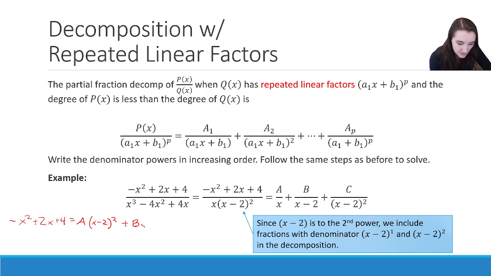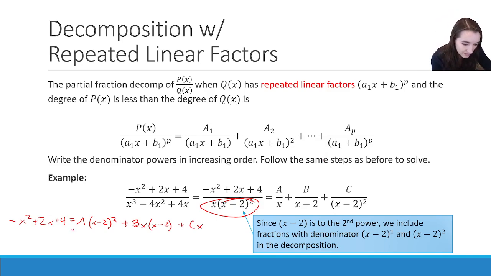B times x times x minus 2, and then c times just x. So again, we're multiplying by this, and notice that the x minus 2 squared will cancel from the c, only one of the x minus 2's will cancel from the b, and only the x will cancel from the a. So we get the following.